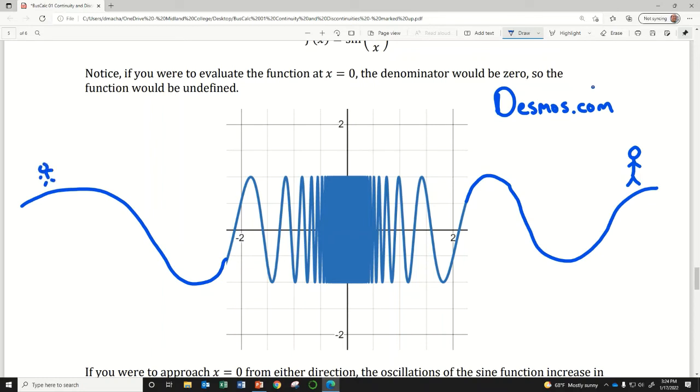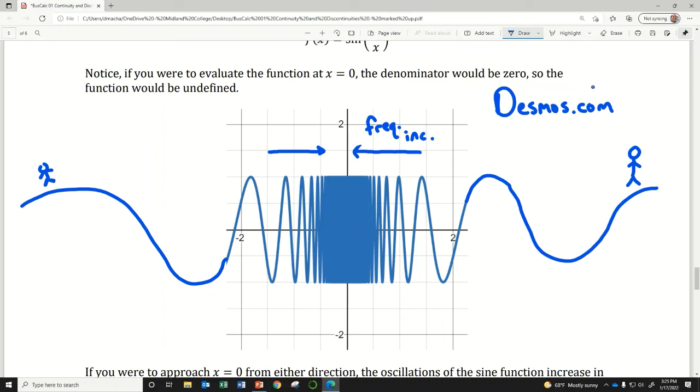These are very gentle rolling waves out to the far left or far right. But as we approach the origin, you'll notice that the frequency of oscillation is increasing. And that happens whether we're approaching from the left side or the right side. The frequency tends to be increasing as we're going towards the origin.